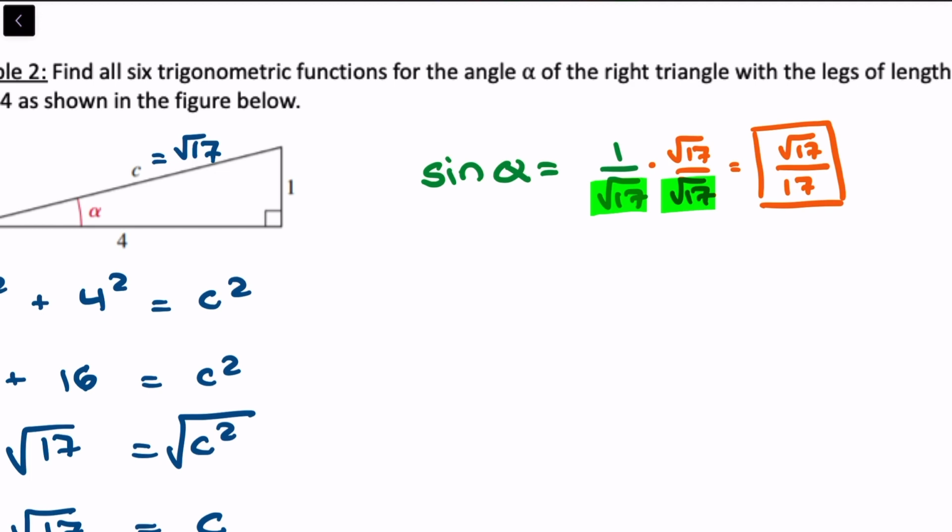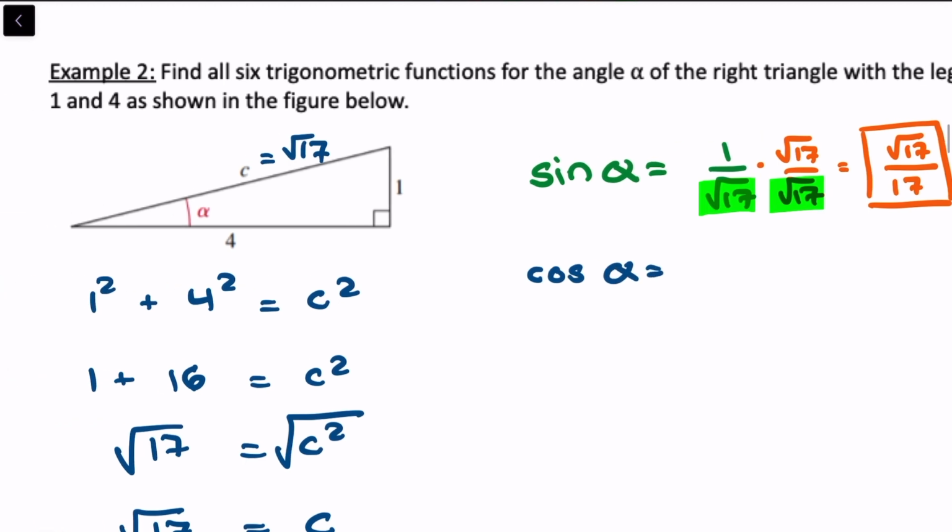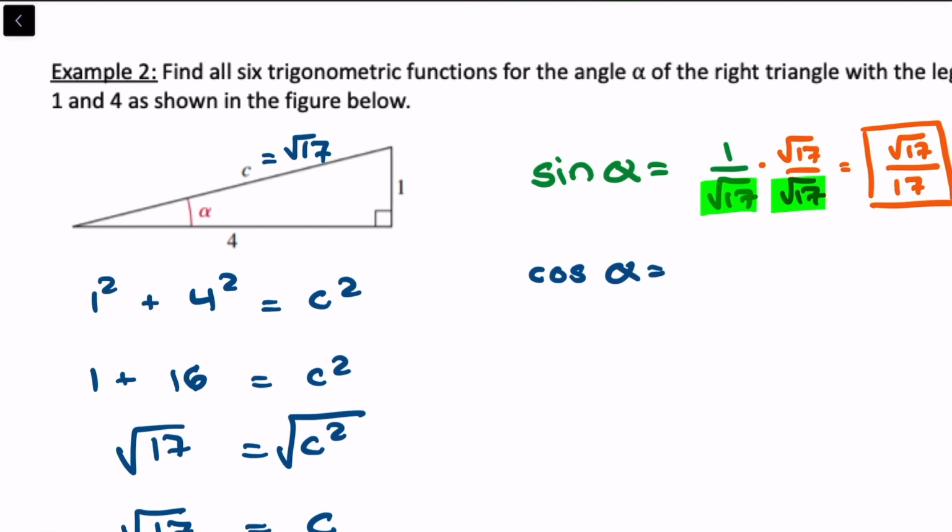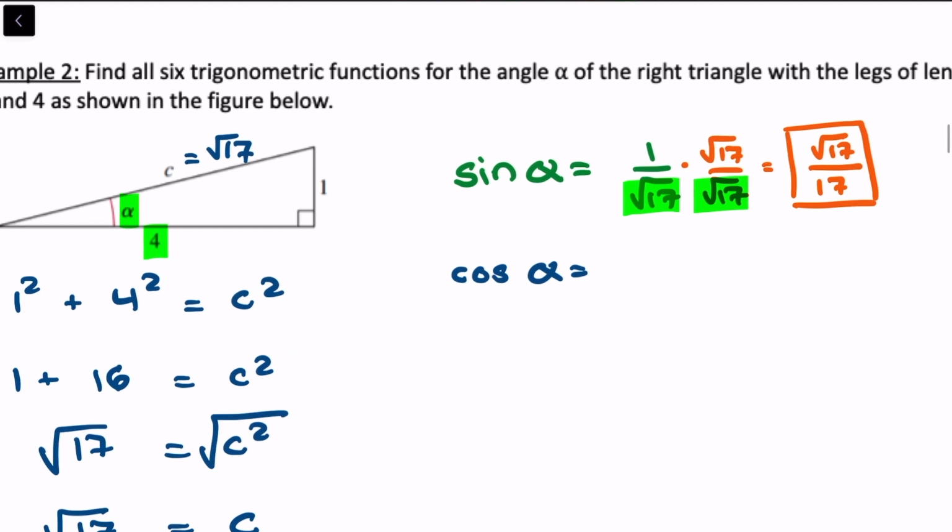Next, let's find the cosine of alpha. Cosine is adjacent over hypotenuse. So adjacent to this angle here, alpha, is 4. So we have 4 over the square root of 17. Multiply the top and the bottom by the denominator.